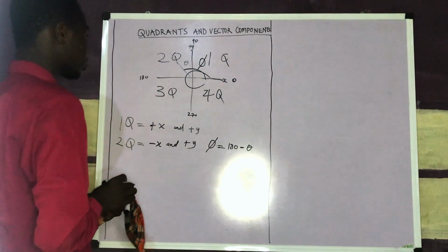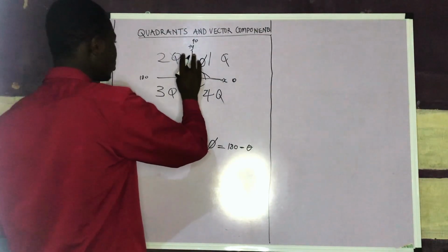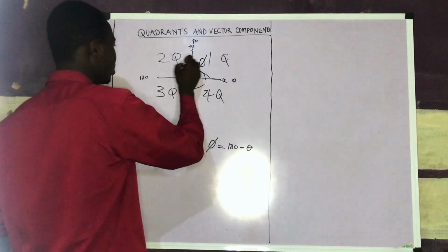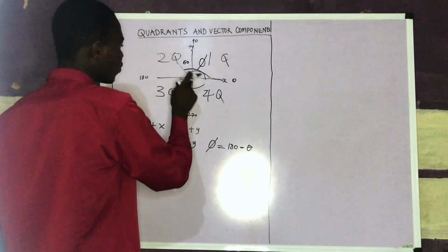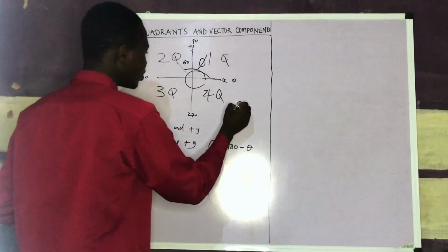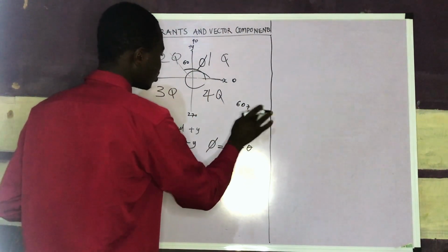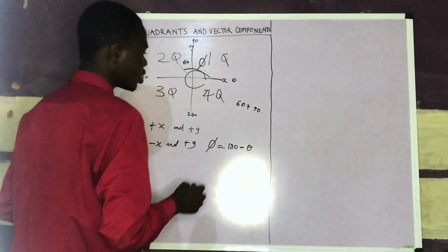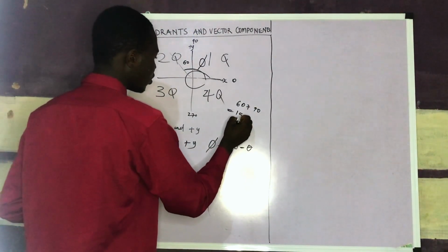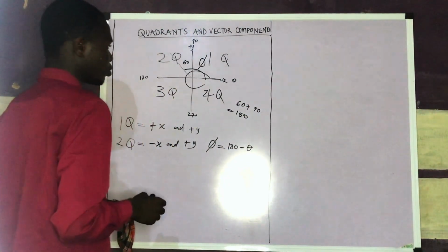Okay, let's say we are given 60 in this place. If we measure from here to this place, that's 60 plus 90. 60 plus 90 will give you 150, right?